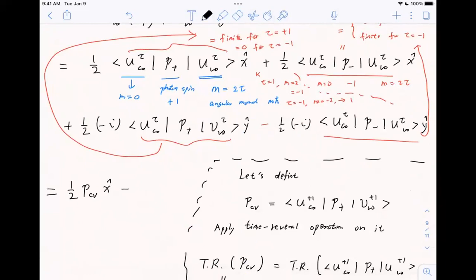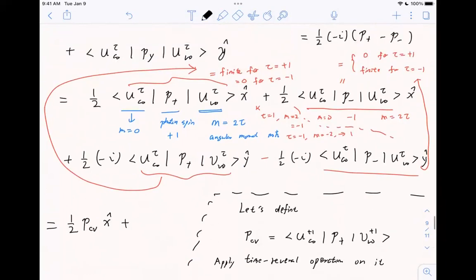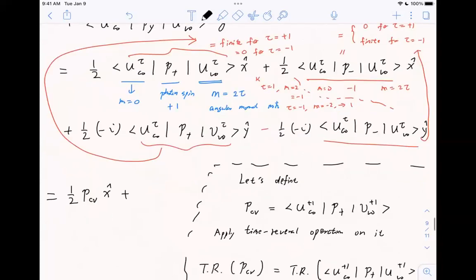However, for Y, if you get plus value, you get this term. If you get minus value, you get this term. However, there's a sign here. This sign is important. You are going to get the opposite in Y. So you're going to get a tau here.